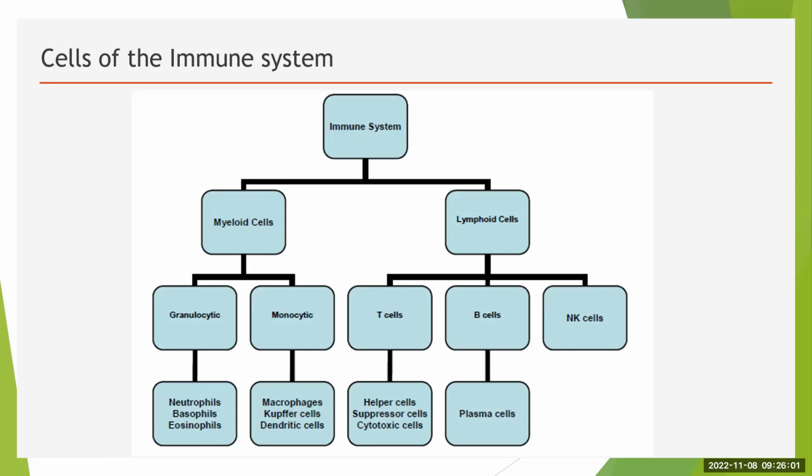So this is a very, very important slide that we need to keep at the back of our heads as we come back later to look at the specifics of each and every one of these cells and what their role is in the immune system as a pathogen invades the system. So very, very important slide.